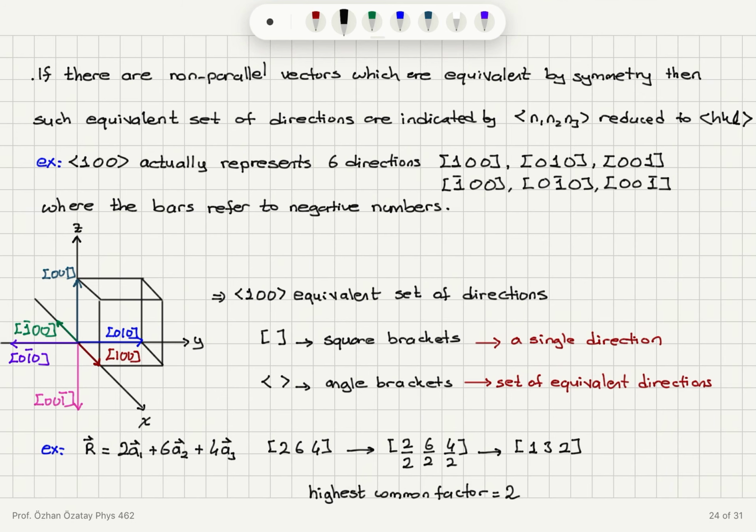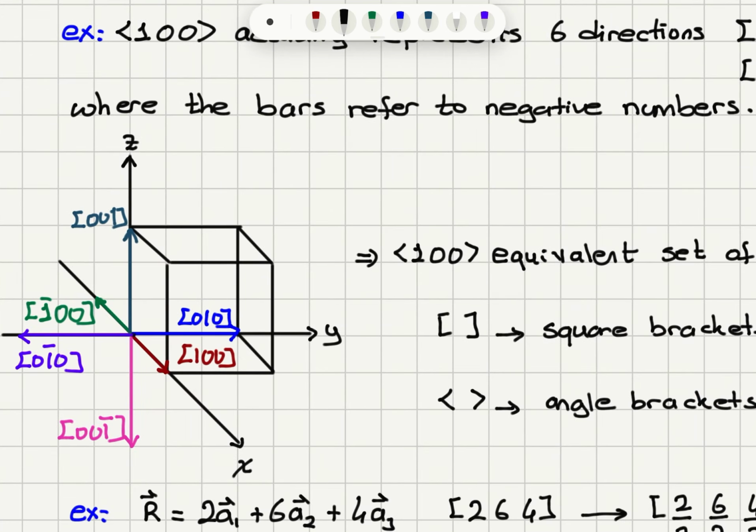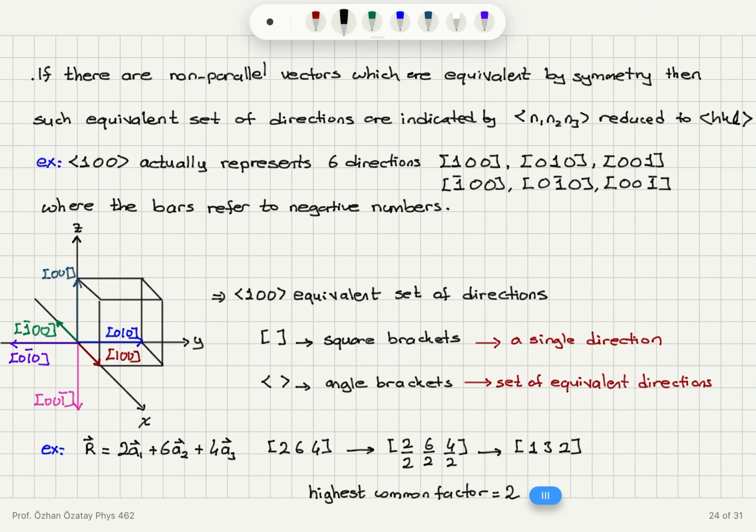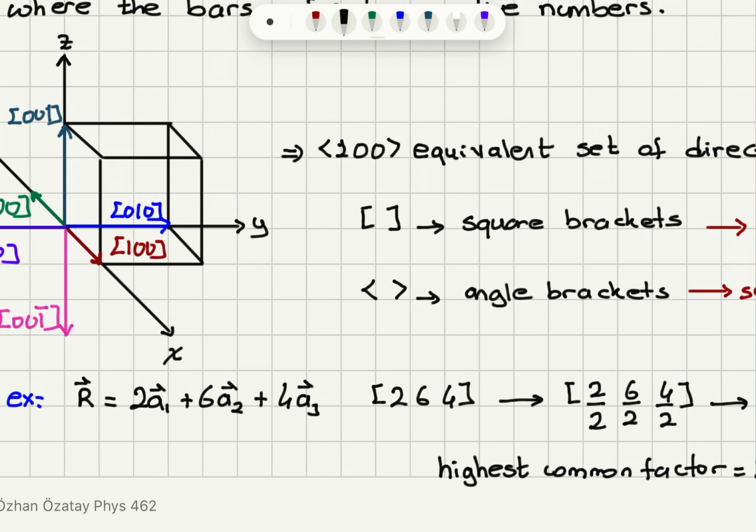So if you look at the cubic structure here, 1, 0, 0 is the red one, 1 bar 0, 0 going back is actually equivalent because this is a cubic crystal, and similarly 0, 1, 0 is equivalent to 1, 0, 0 by symmetry, etc. So we see that all these 6 vectors are equivalent by symmetry, so they belong to the family of directions 1, 0, 0. Another example is here.